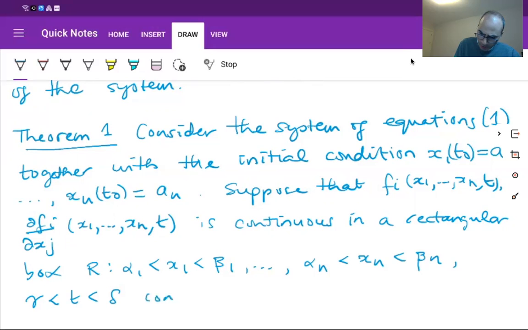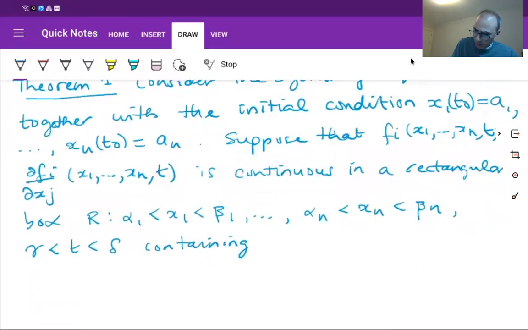We assume that this rectangular box contains our point a1, a2 up to an and t0. So t0 is our initial time, and a1 up to an came from the initial conditions.